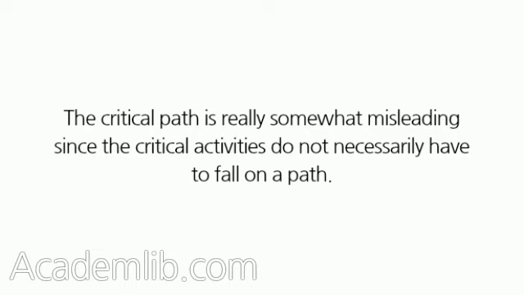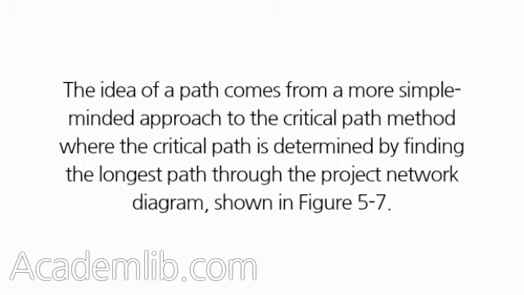The critical path is really somewhat misleading since the critical activities do not necessarily have to fall on a path. The idea of a path comes from a more simple-minded approach to the critical path method, where the critical path is determined by finding the longest path through the project network diagram, shown in Figure 5.7.